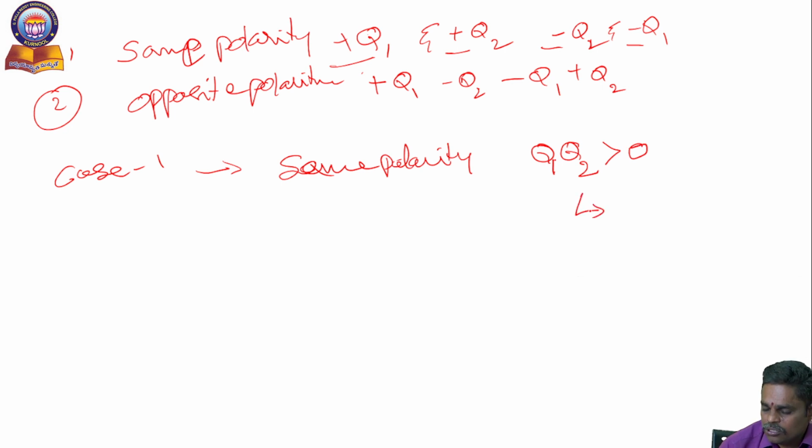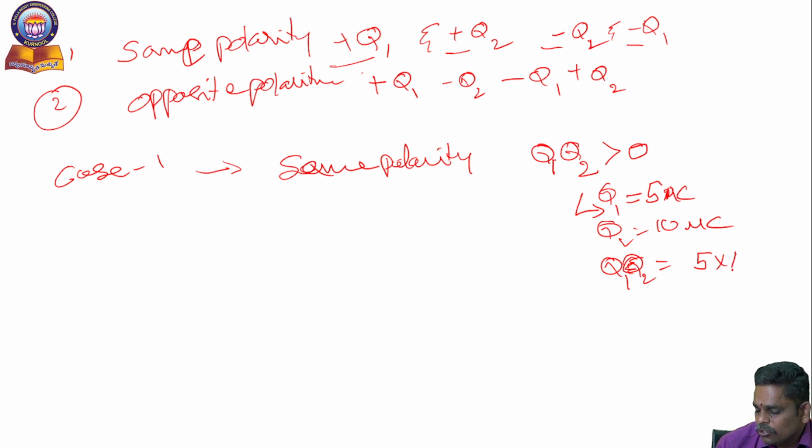How? If Q1 is 5 microcoulombs and Q2 is 10 microcoulombs, the product of Q1 and Q2 is 5 into 10 microcoulombs.